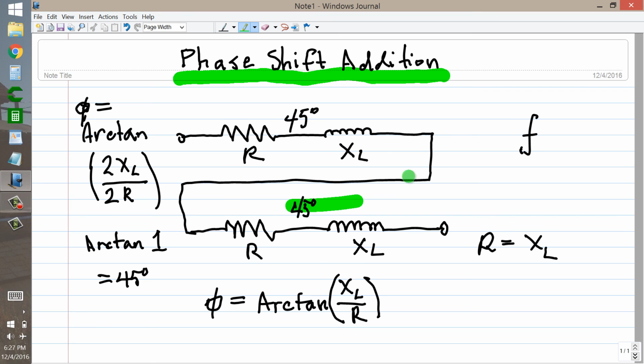But it doesn't get into complicated circuits like the one in which the stray green line appears, which I shall leave for emphasis. 45 degrees plus 45 degrees equals 45 degrees. Such is life in the complicated world of phase shift addition.